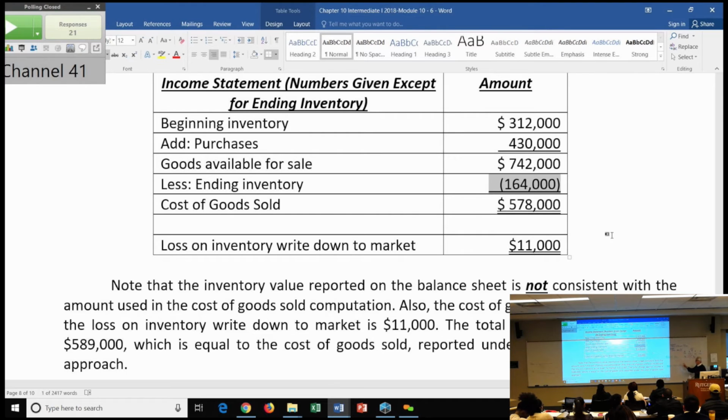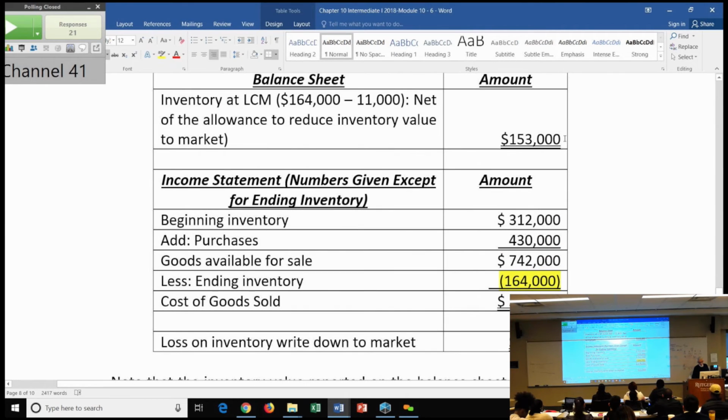So that inventory that you see here is not the same as the inventory on the balance sheet. If you look at this inventory, it's 164, but on the balance sheet, it's 153. So the cost of goods sold under the indirect method is calculated by using the inventory value without the write-down. That's because the write-down comes through as the loss on the income statement.